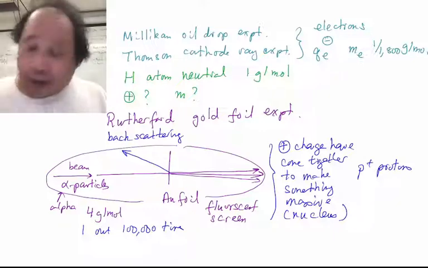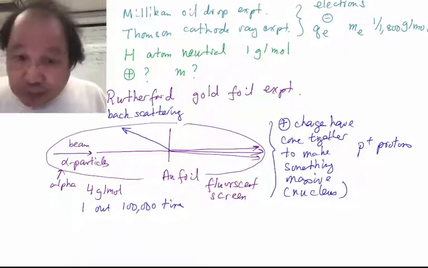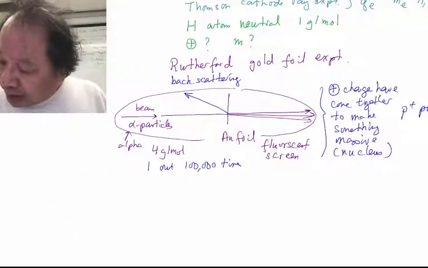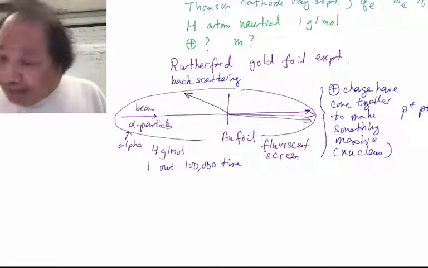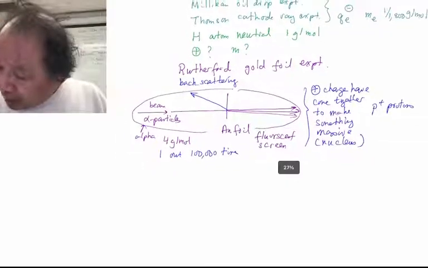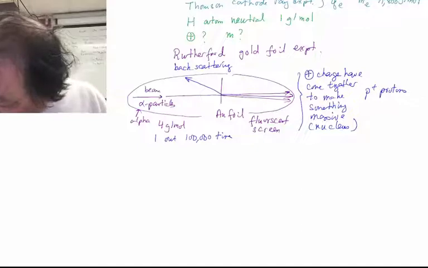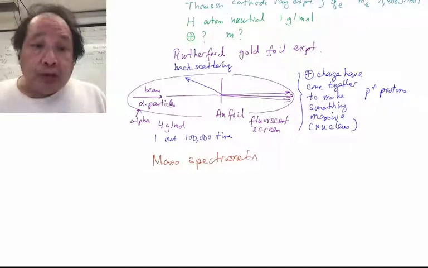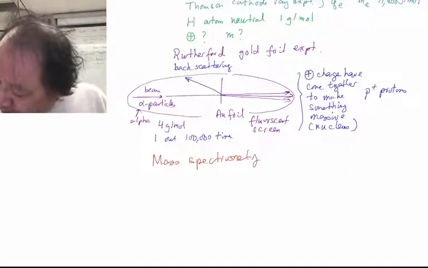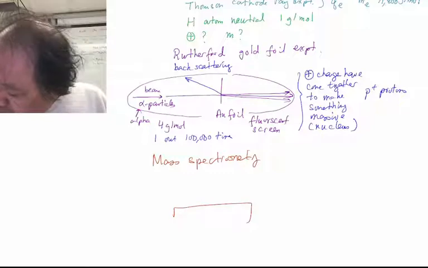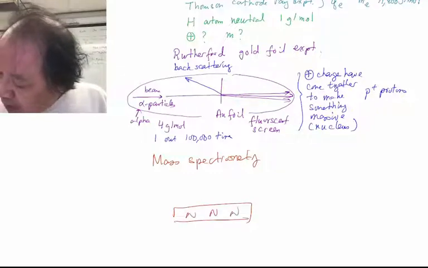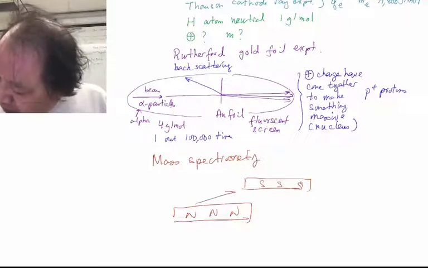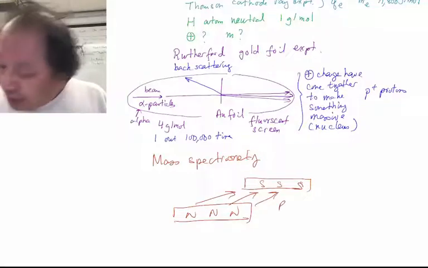There's one more experiment I'd like to tell you about today, which is nowadays called mass spec. And the mass spectrometry experiment is very similar to the cathode ray experiment. You take a north pole, behind it a south pole that makes a magnetic field.